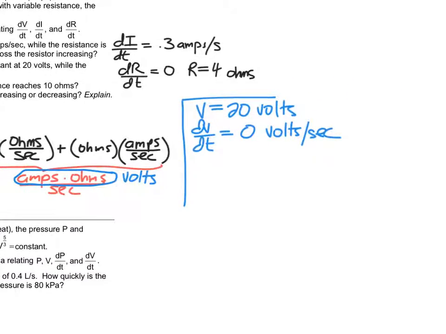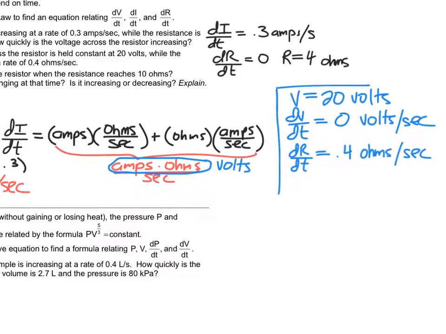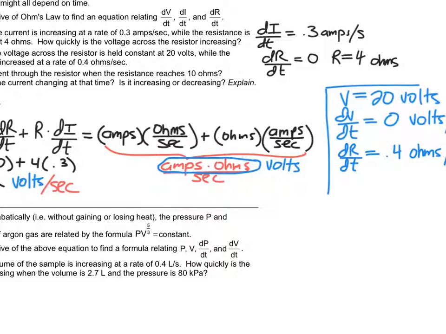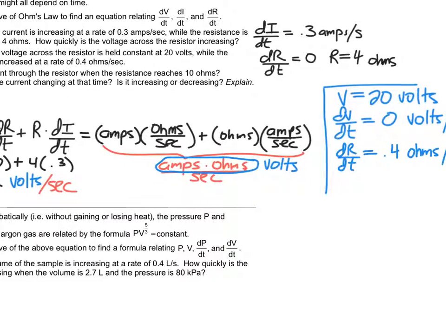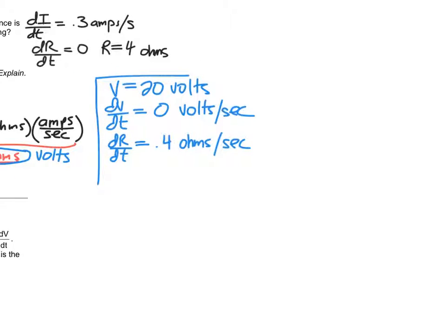So dR/dt is increasing at a rate of 0.4 ohms every second. We're looking for I when the resistance reaches 10 ohms, so we'll have an R value of 10.